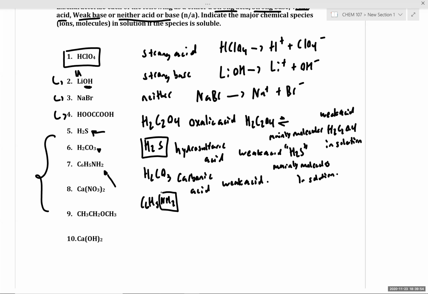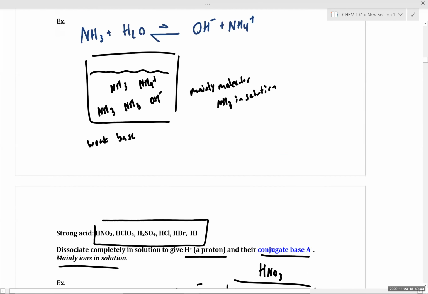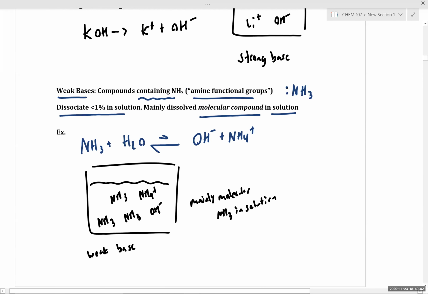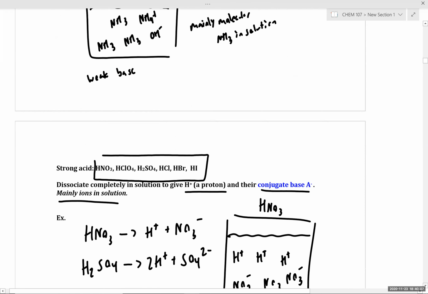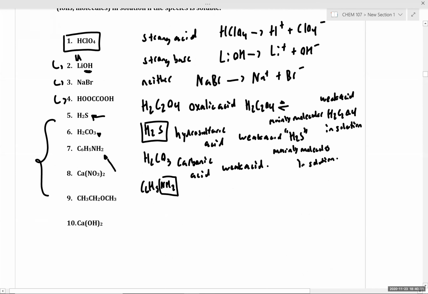Acid. So when we looked at our previous discussion of weak bases, the hallmark of a weak base is this amine functional group. So we would then be able to conclude, looking at this formula for C6H5NH2, that we're dealing with a weak base, and we have mainly molecules in solution.